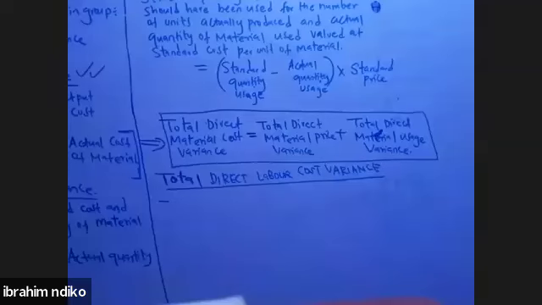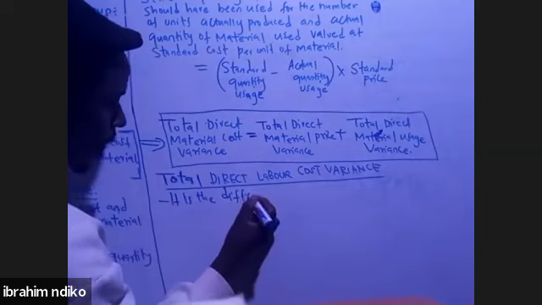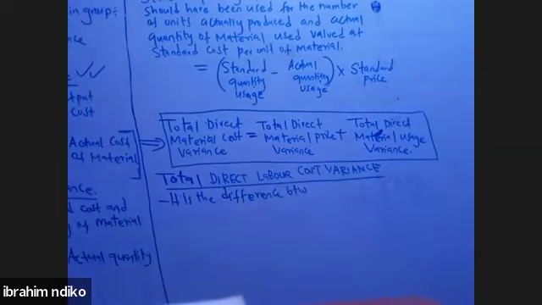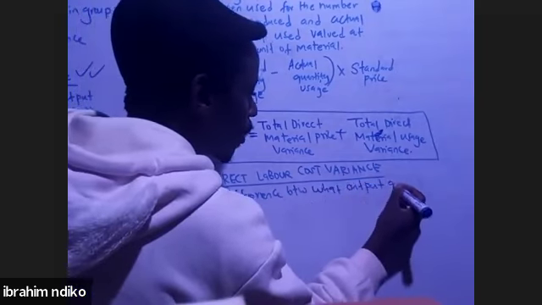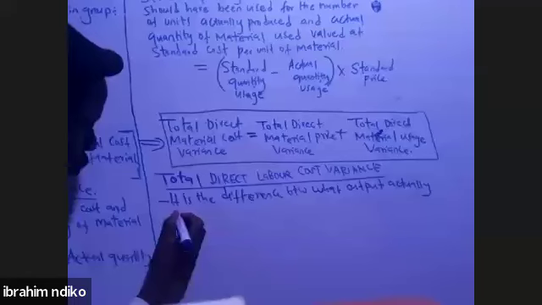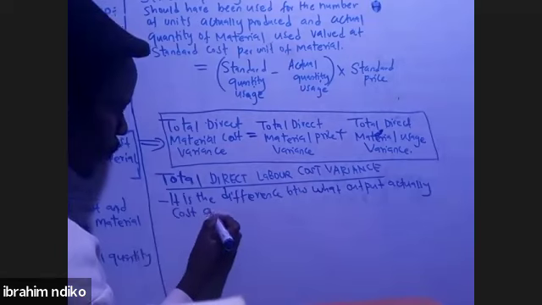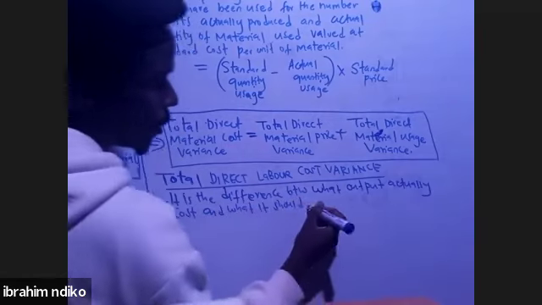So it is the difference between what output actually costs, and what it should have cost in terms of labor.